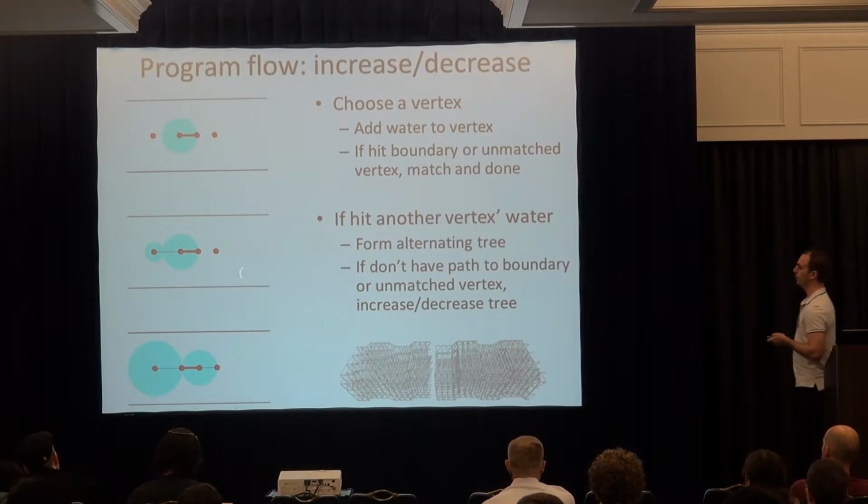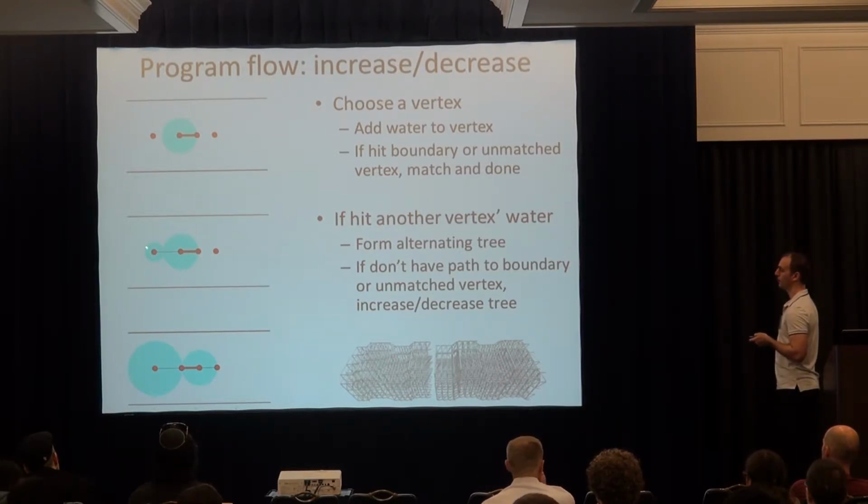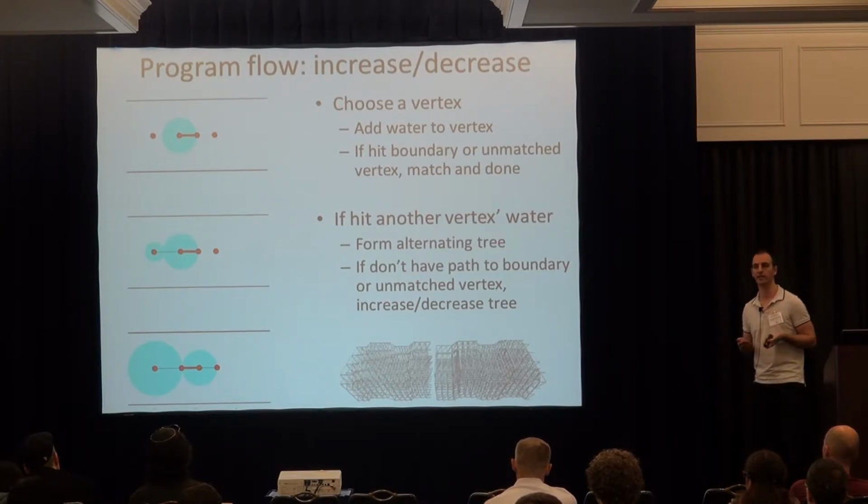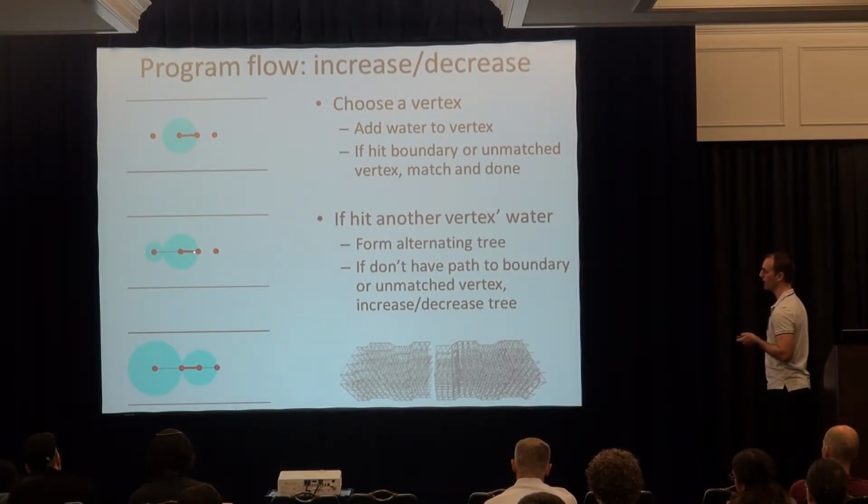More than that, well, you can have things like, well, this was already done. We choose this one and explore, collide, form our alternating tree, but we're still not done. The alternating tree doesn't touch anything that's unmatched. So what you do is you continue to pour water in here and make that push this water smaller. And when that happens, you get this kind of push me, pull me effect.